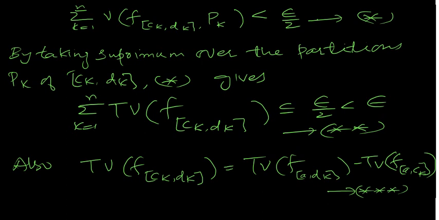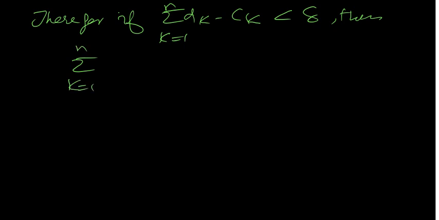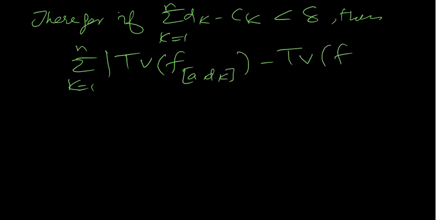Now let's add this, k runs from 1 to n. We get therefore, if this summation k runs from 1 to n of dk minus ck is less than delta, then the summation k runs from 1 to n of, not f of dk, it's the total variation of f over the interval a to dk minus the total variation of f over the interval a to ck, this sum is equal to the summation k runs from 1 to n.